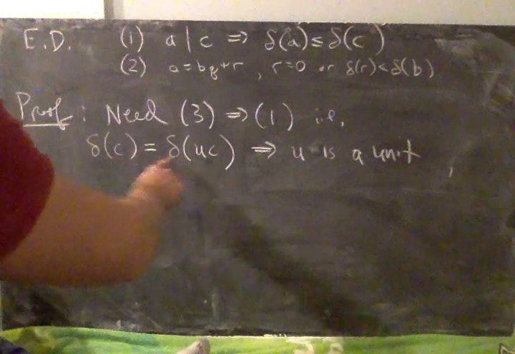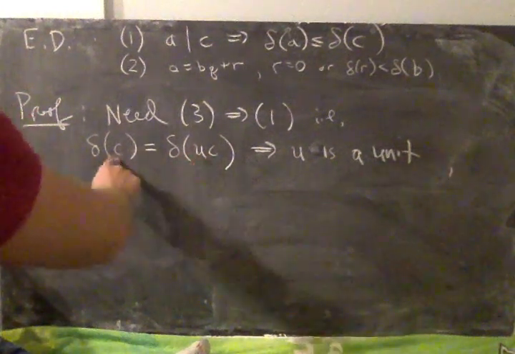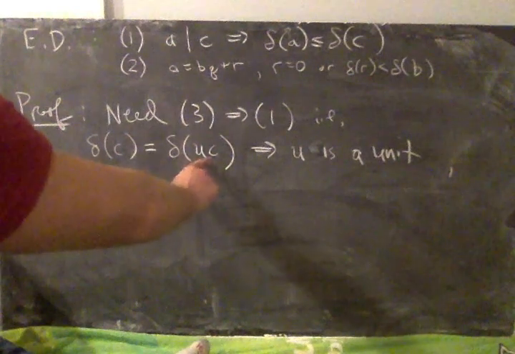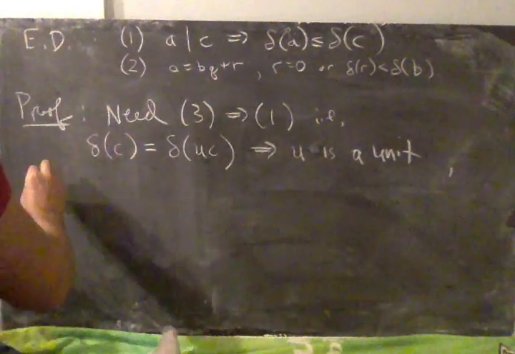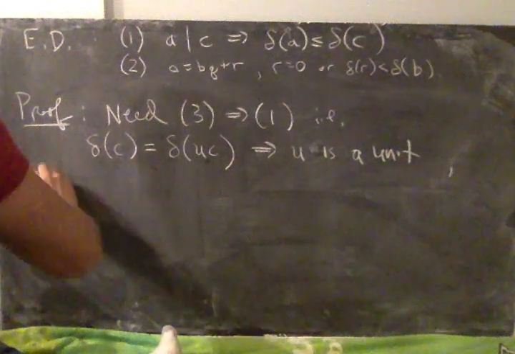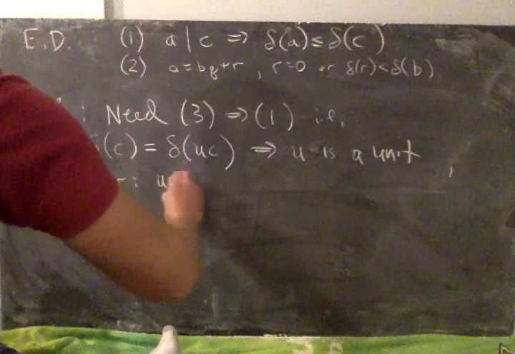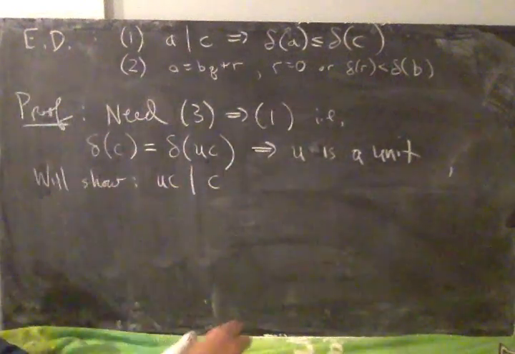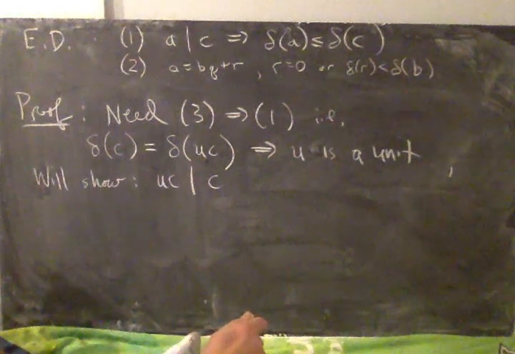So we see here C divides UC, but it's not obvious that UC divides C, because we don't know that U is a unit yet. That's what we're trying to conclude. So what we'll show is that UC divides C, so there's something else we can multiply UC by to get C.